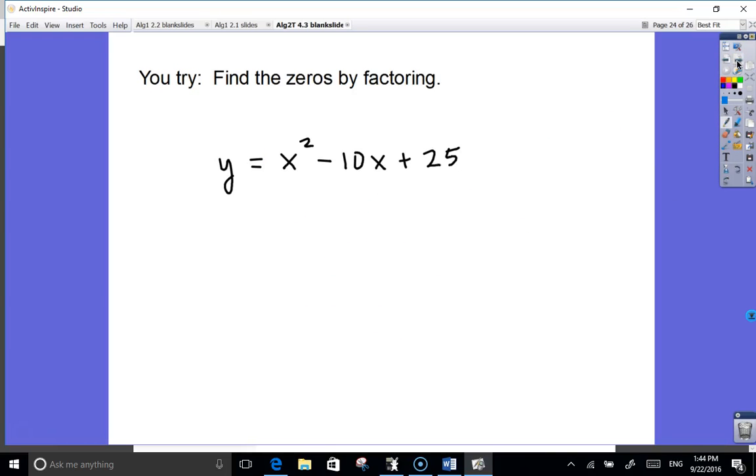Find the zeros by factoring. How did it factor?